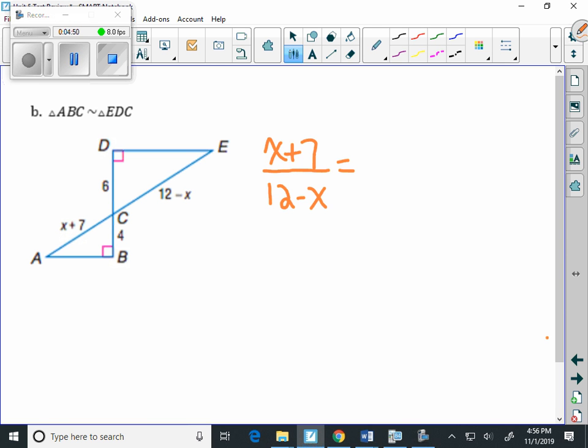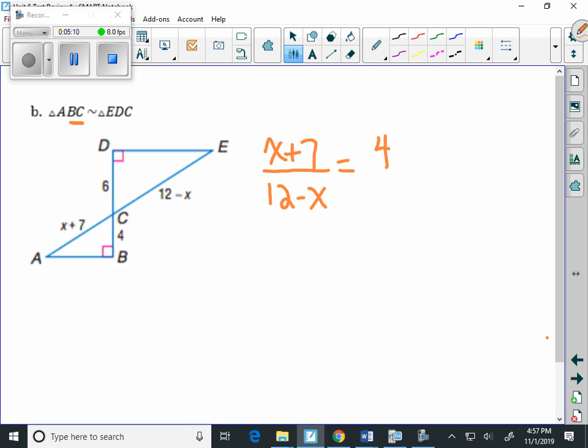So now, when we take a look at the other piece of this, we've got to go down to the triangle ABC, because that's the triangle that has x plus 7 in it, it has a value of 4, which is BC. That's the second and the third piece.